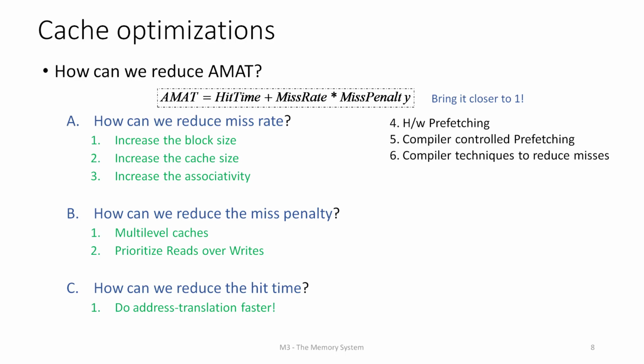Now, such an approach can be implemented in the hardware or by help from the compiler itself. Another approach to reduce misses is to get the help of the compiler, and there are a couple of optimizations at the compiler that can efficiently reuse the data.